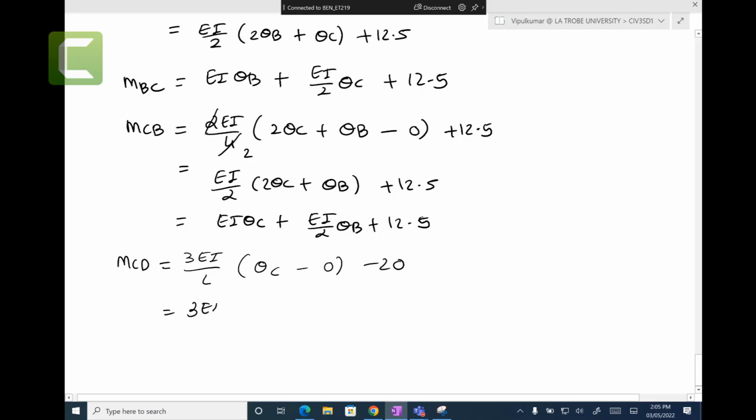So 3 EI on 4 theta C minus 20. That will be your equation.